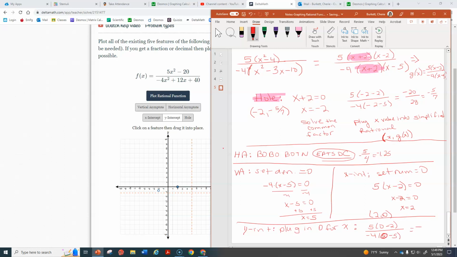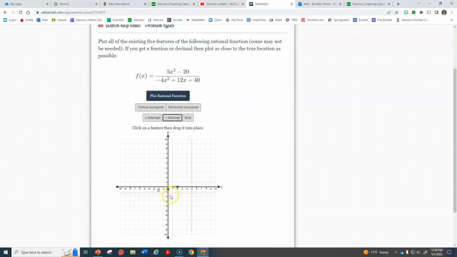So that's 5 times -2, that's -10, that's -4 times -5, that's +20. So that comes out to be -1/2. So the y-intercept is 0, -1/2. Now you click on y-intercept, and it gives you a dot along the y-axis.